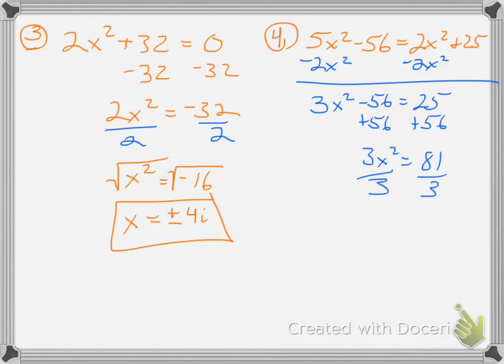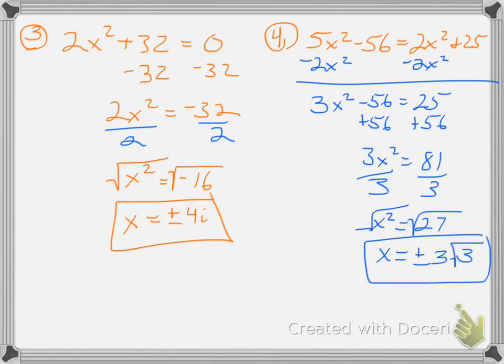Divide by 3. x squared is equal to 27. Take the square root. Now in this case, I still need the plus or minus, but it's not an imaginary number because there's not an i in the radical. So when I simplify the square root of 27, I get a pair of 3's, so it's 3 times the square root of 3. A 3 was left over without a pair also. So just be careful with that.